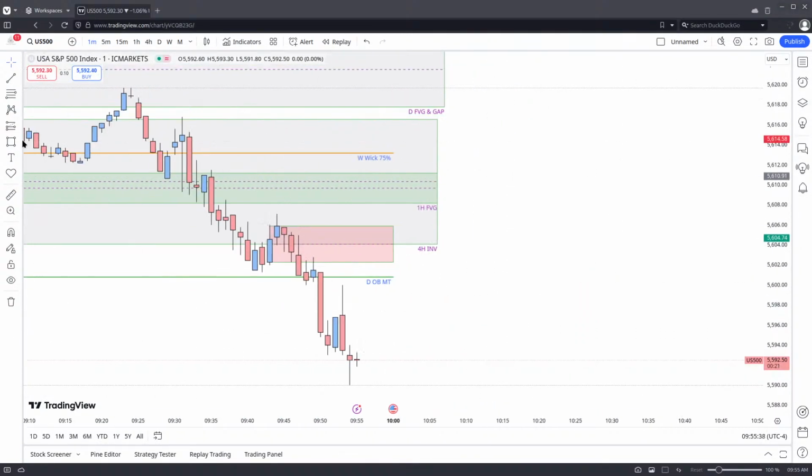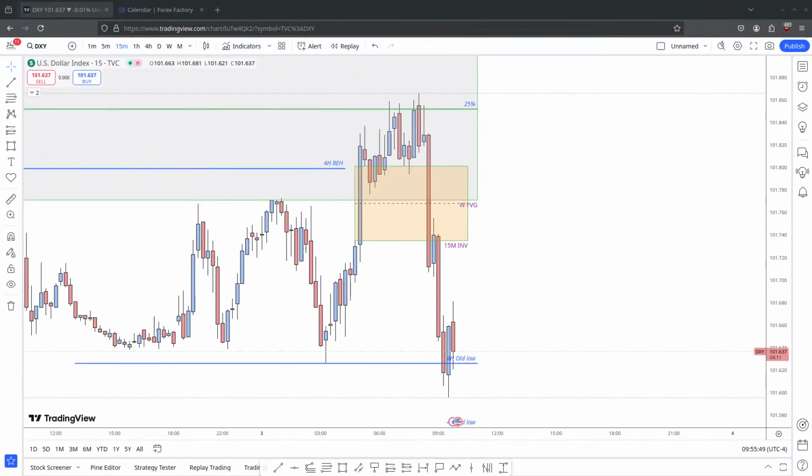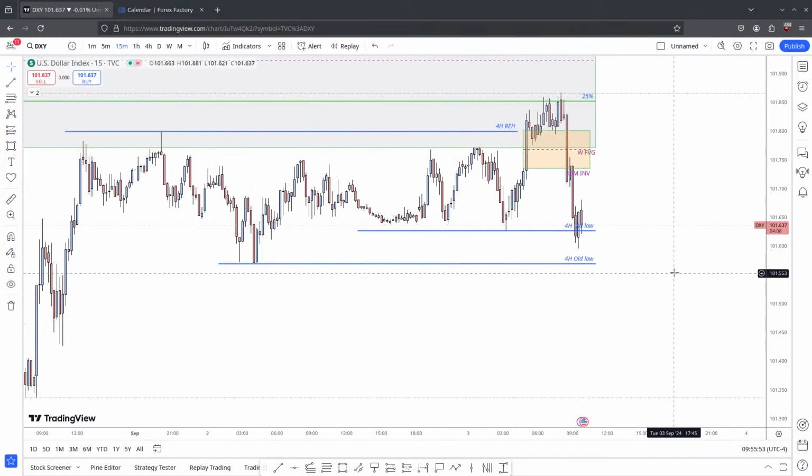And even though you have an idea, look at this fair value gap, trade it into that, trade it down lower. Just saw that. Looks beautiful. Dollar index, fair value gap. See if it wants to go below this low.